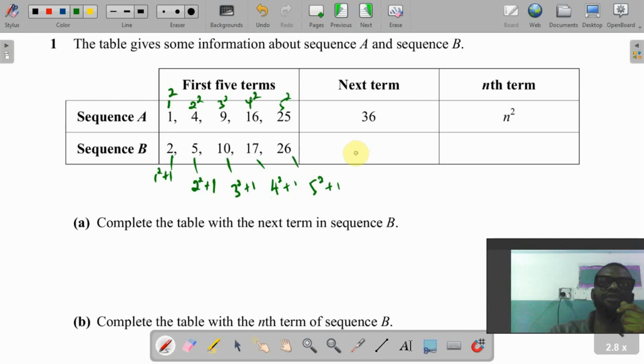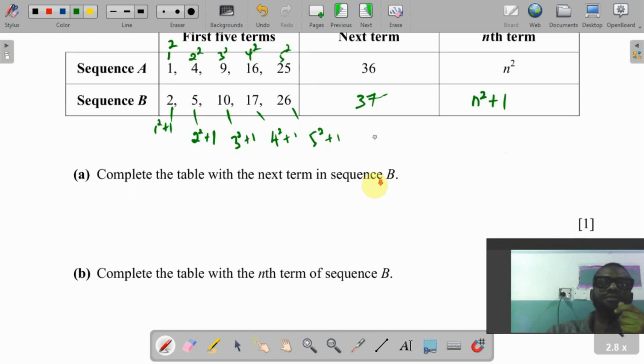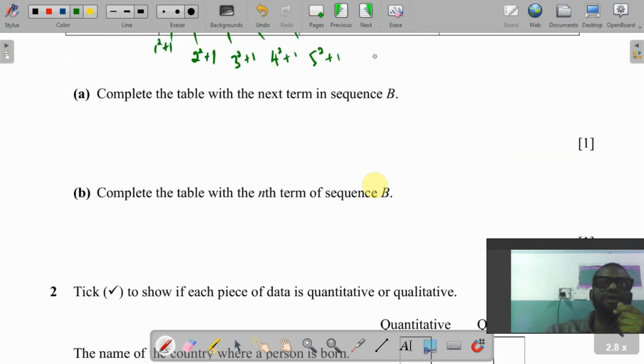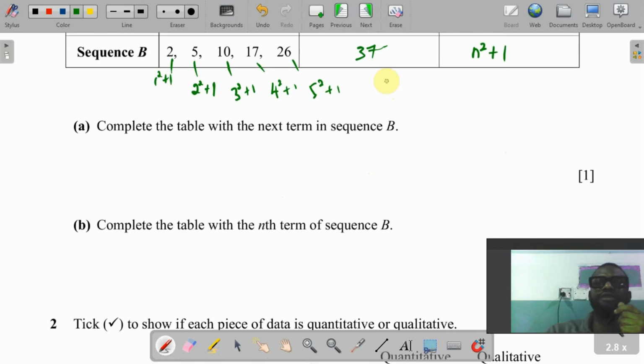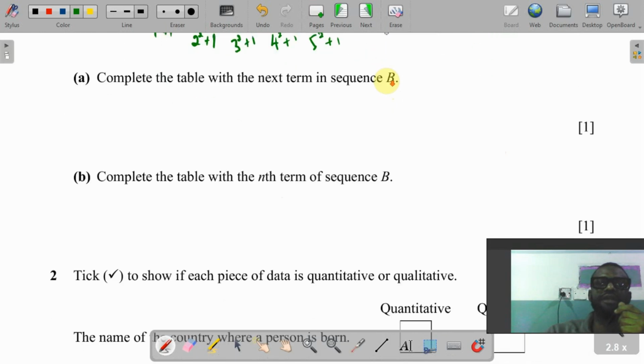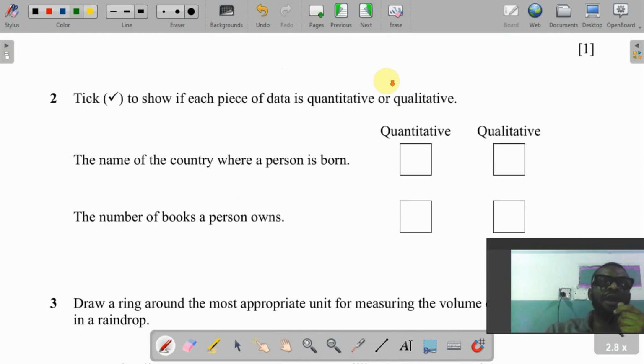So here will be 6 square plus 1, which is 37, and the nth term is n square plus 1. So 37 is the next term, and the nth term is n square plus 1.